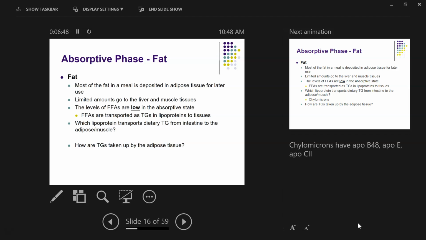And the level of fatty acids is low in the absorptive state, right, 2 to 3 hours after a meal, because most of the fatty acids that we absorbed from the diet go to the adipose tissue and are stored in the form of triglyceride in the adipose tissue during the fed or absorptive phase.